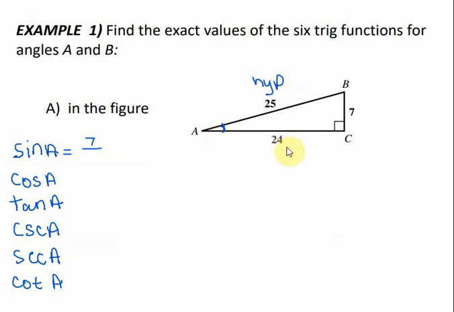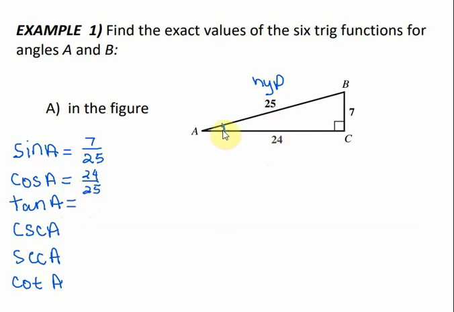And then this is touching angle A, so that would be the adjacent side of angle A. So sine, opposite over hypotenuse, is 7 over 25. Cosine is adjacent over hypotenuse, so that would be 24 over 25.